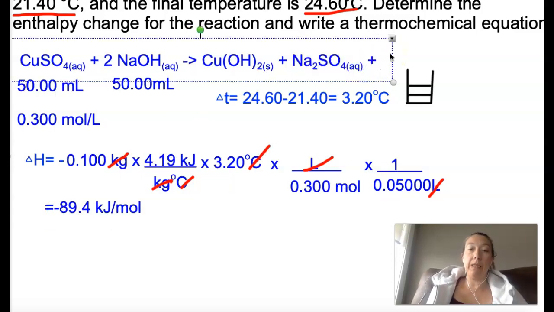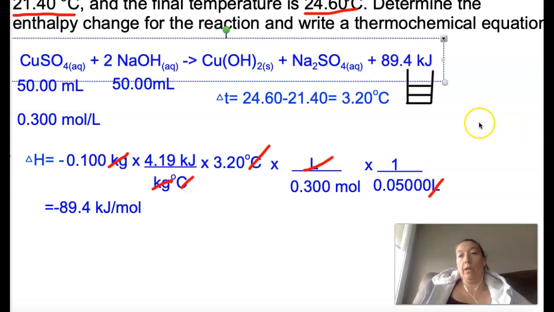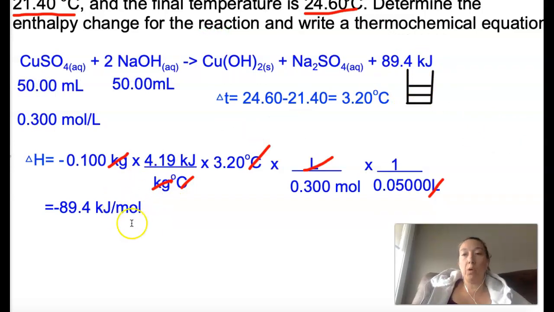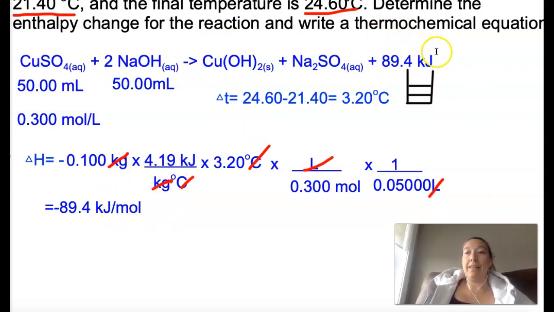So I would be writing plus 89.4 kilojoule. Okay, you'll notice that I got rid of the per mole. And the reason I got rid of the per mole is this is for my equation as it's written. And when you look at it, I already have 1 mole of copper sulfate.